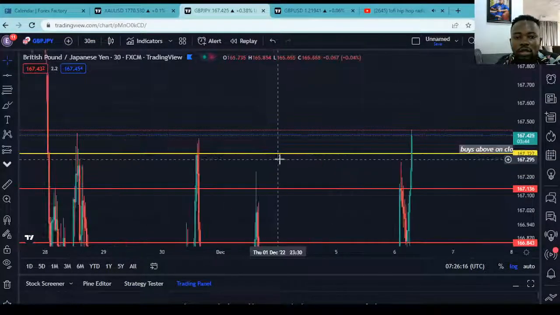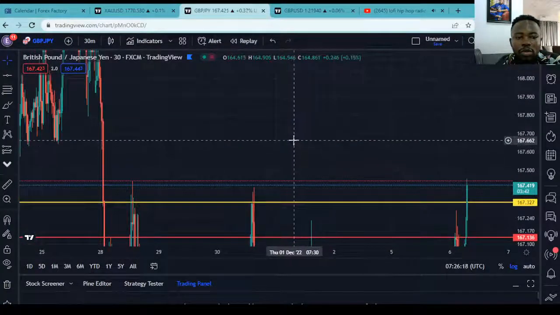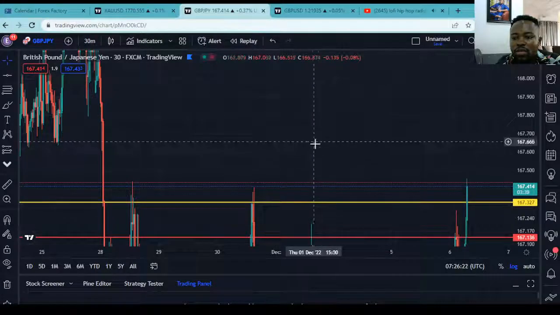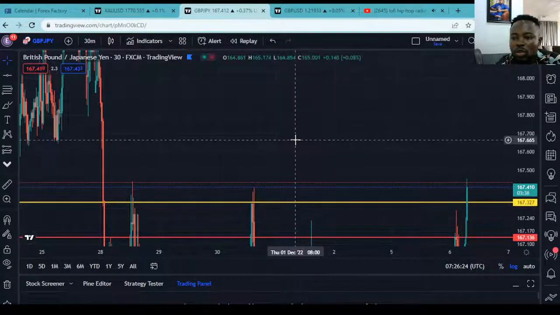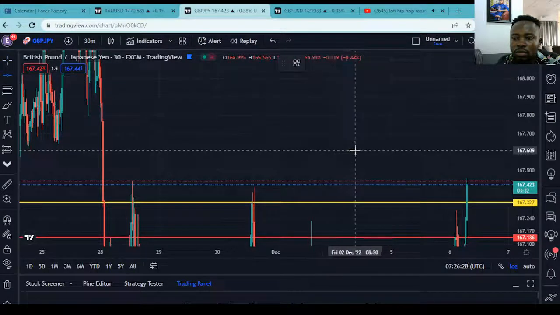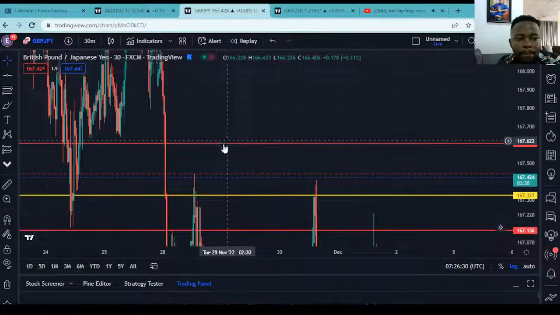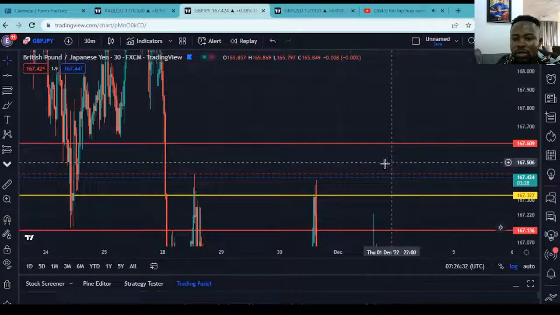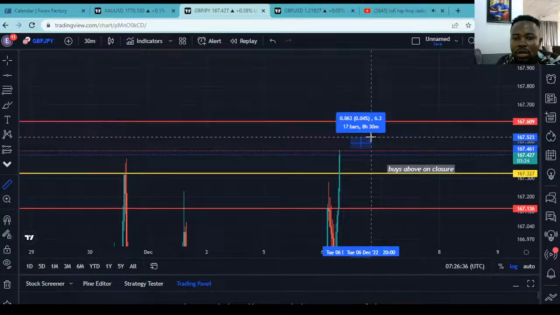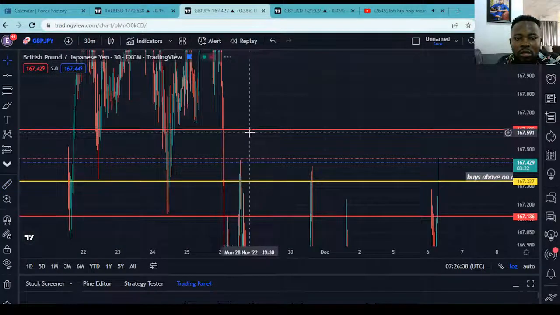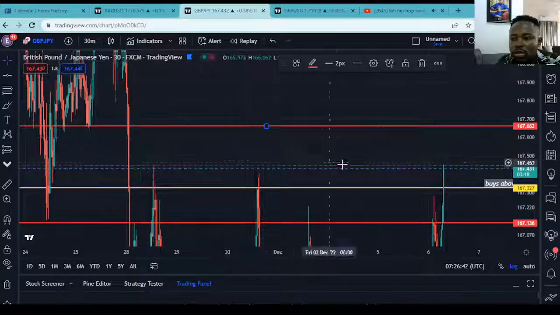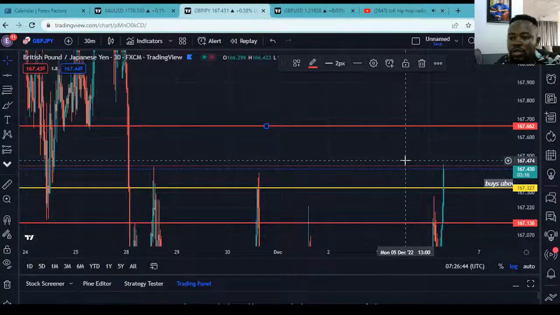I think we could continue up today towards at least our first target on GJ here, which should be 167,600 area, and that will be about 14 pips from there, or we could actually keep it up towards 167,700 area.